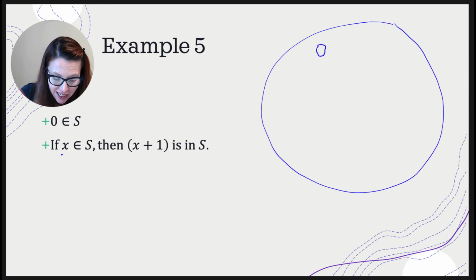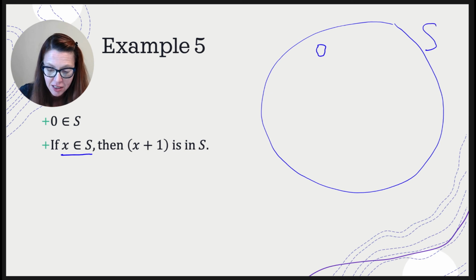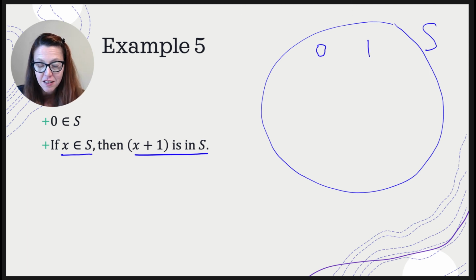We say if X is in our set S, then X plus 1 is in S. 0 is in S, so on that first step, I'm going to say, well, then 1 is in S. In the next iteration, I say if 0 is in S, 1 is in S. I'm only going to include unique elements, and 1 is in S, so 2 is in S. On the next step around, I say 0 is in S, 1 is in S, 2 is in S, so 1, 2, and 3 must be in S, and so on.